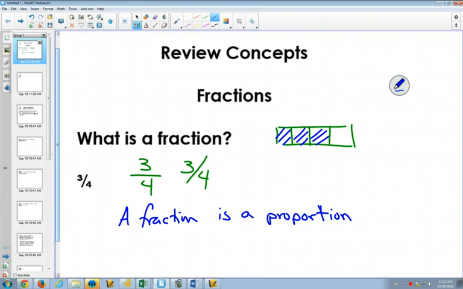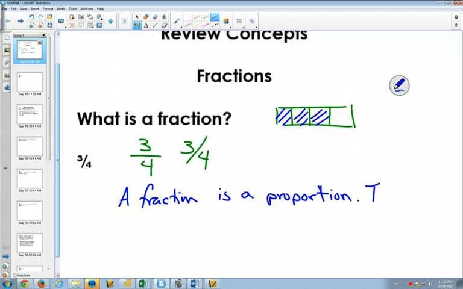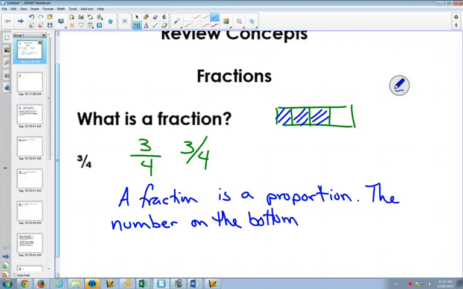The number on the bottom, now do you know what the special math word is for that number on the bottom? Denominator. Denominator. That is how many pieces your whole object has been divided up into.